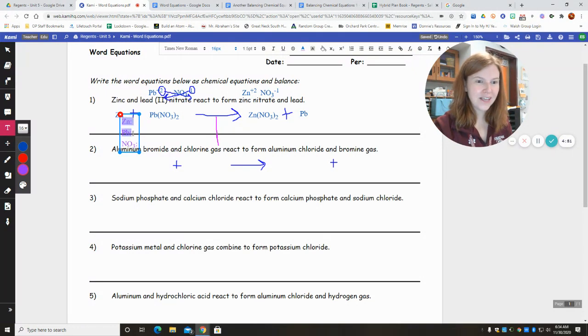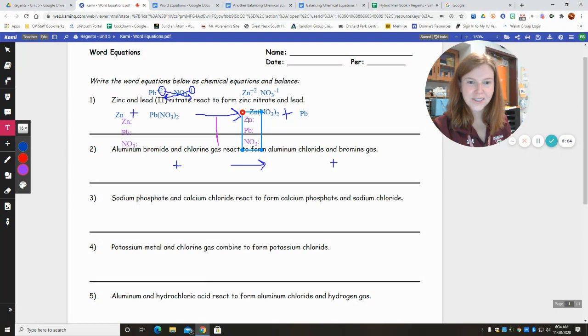So I have Zn, Pb, NO3. Now, if that's confusing to you and you want to separate the ion into nitrogen and oxygen, have at it. That'll work too. But just as a technique to make balancing go faster, if you see a polyatomic ion and it appears on both sides of the arrow, you can leave it as one thing because it's not breaking apart.